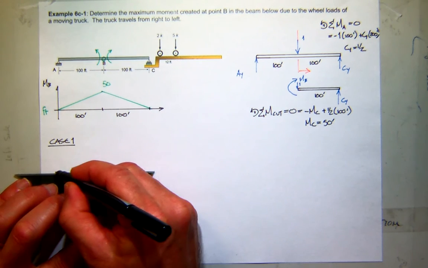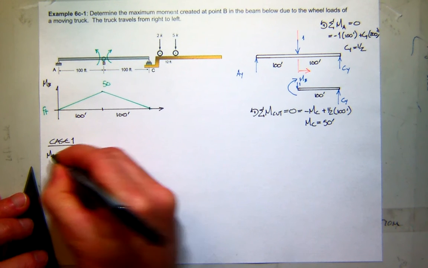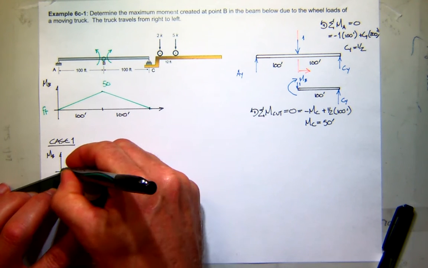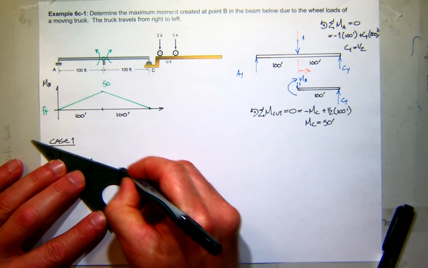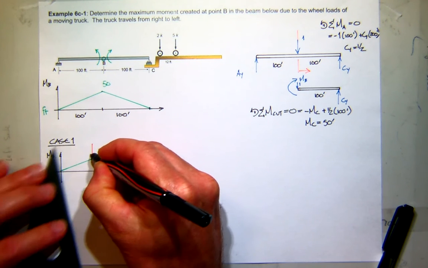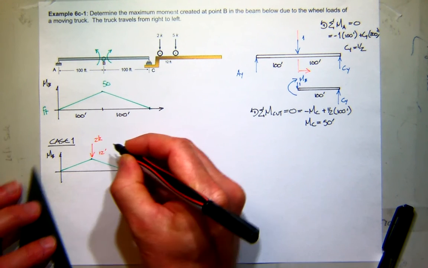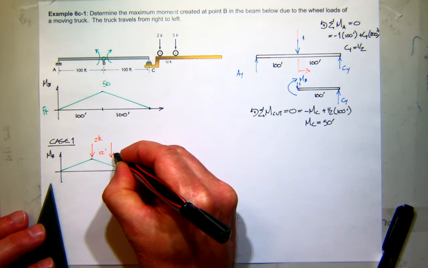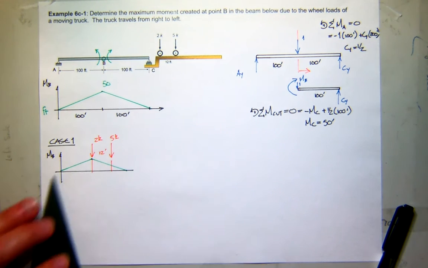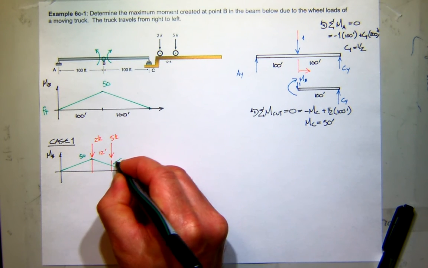So let me do a quick little redraw of the moment at B. I'm looking at the combination where the 2 kip force is right here at the top, and then 12 feet back, not to scale, is the 5 kip force. So these are the values that I need. We already know this one is 50. What's this value?